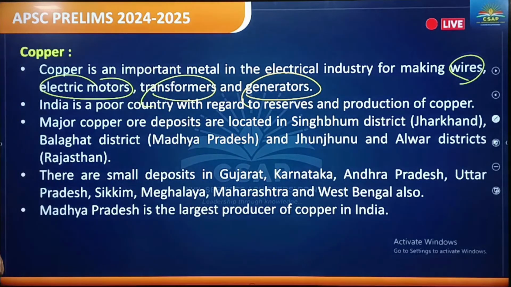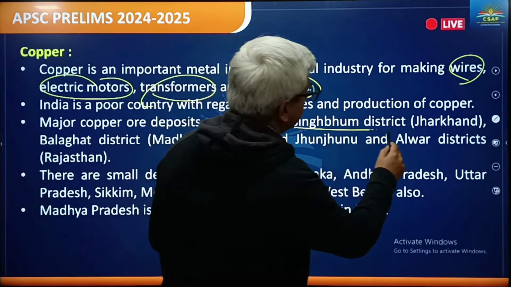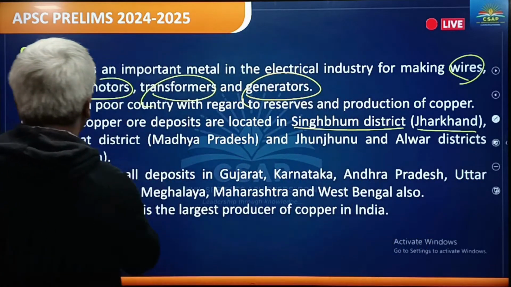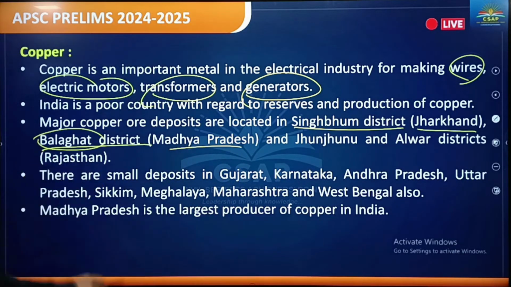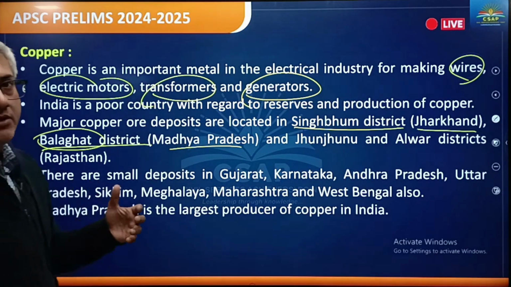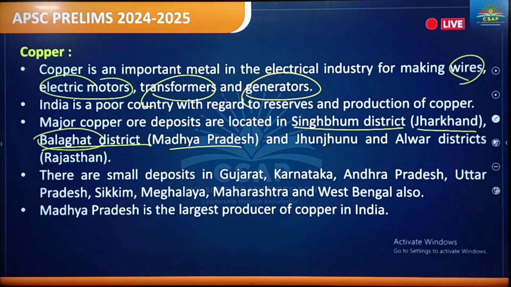So major copper ore deposits are located in Singhbhum district, Jharkhand, Balaghat district, Madhya Pradesh. Again Balaghat came. When we study ores and minerals, if one or two places repeat, that means that is a very important area.